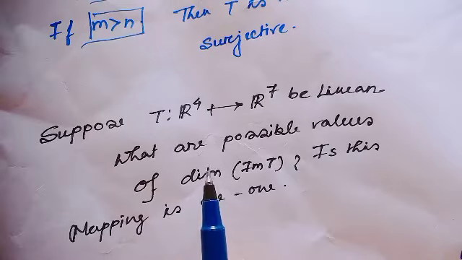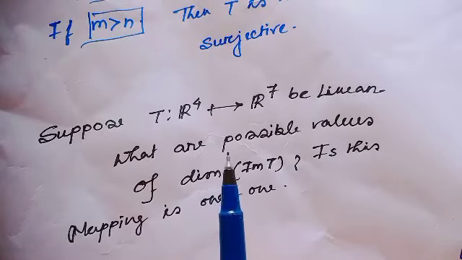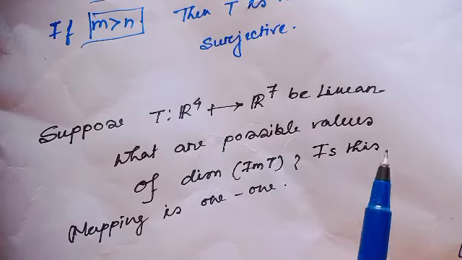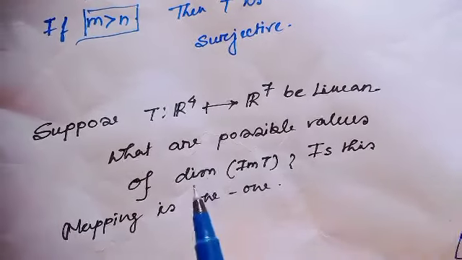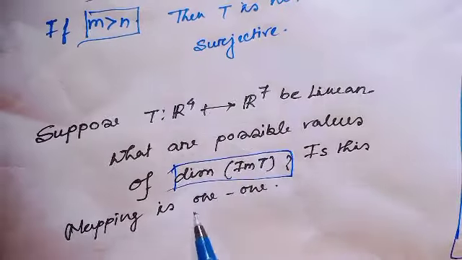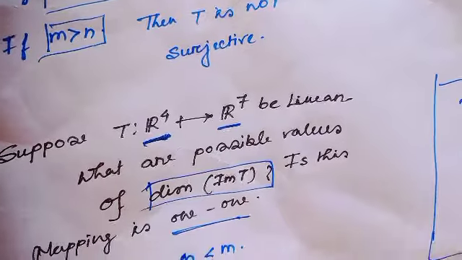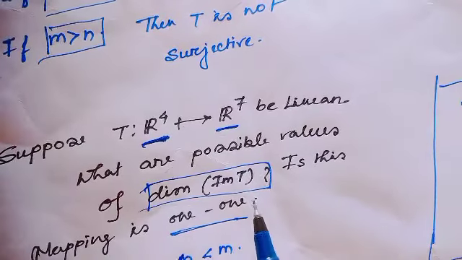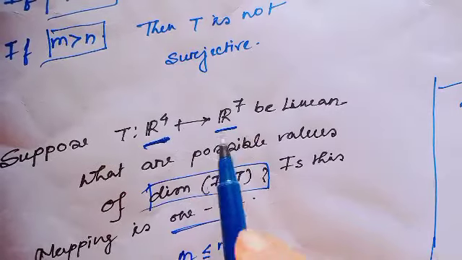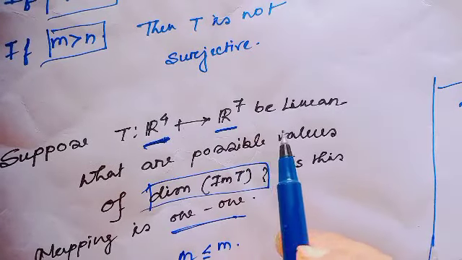Our next example: suppose T is a linear transformation from R4 to R7. Then what is the possible value of the dimension of image T? And is the mapping 1-1? Now I will see at first what the dimension of image T is. Here notice T is a linear transformation from R4 to R7.